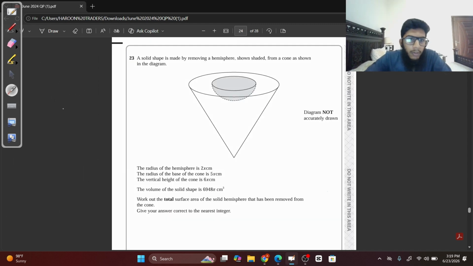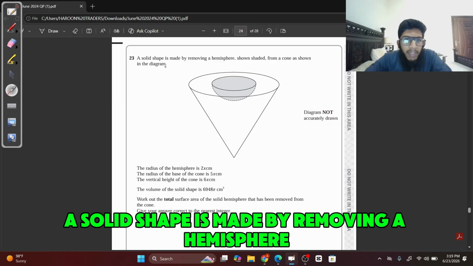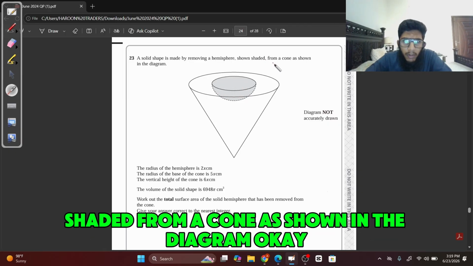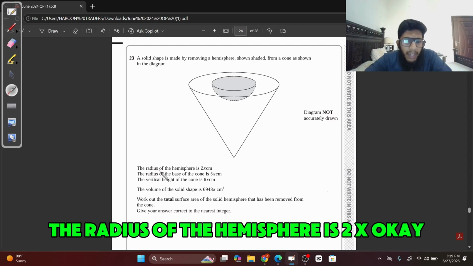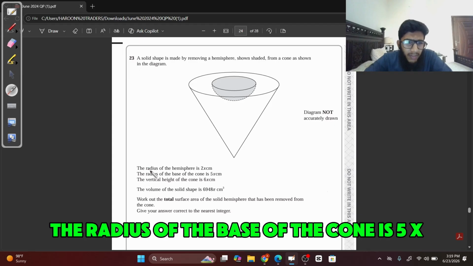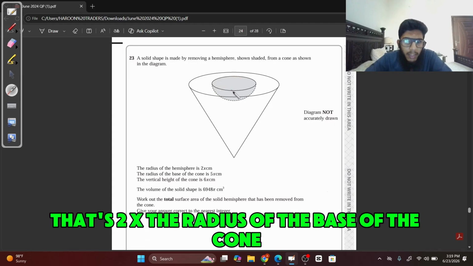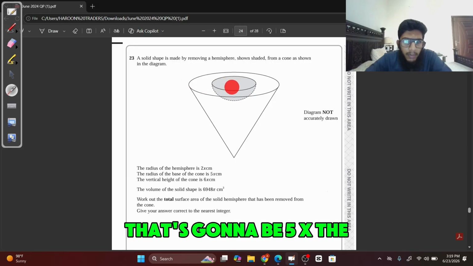Okay, question 23. A solid shape is made by removing a hemisphere, shown shaded, from a cone as shown in the diagram. The radius of the hemisphere is 2x. The radius of the base of the cone is 5x. The radius from here to here, that's 2x. The radius of the base of the cone, that's going to be 5x.